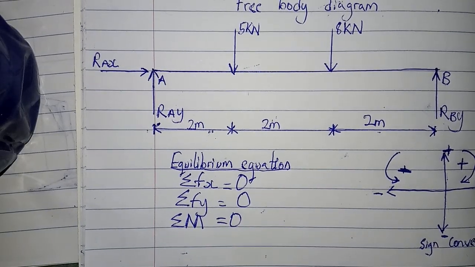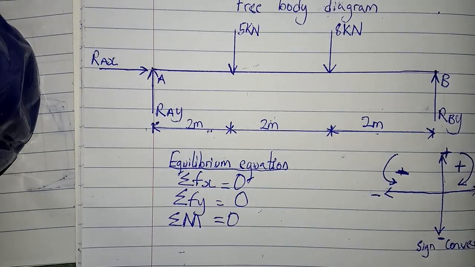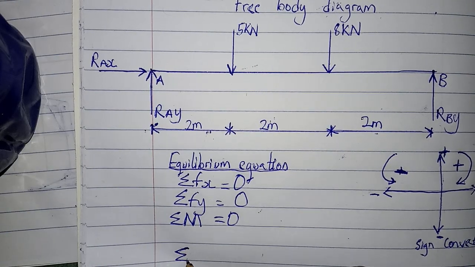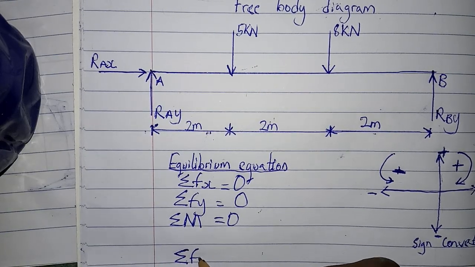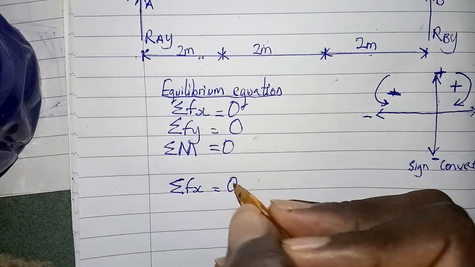So first we are going to take sum of forces along the horizontal direction. Sigma F x equal to 0.